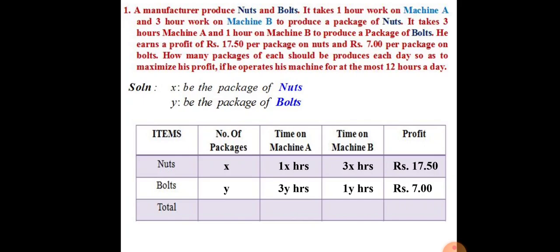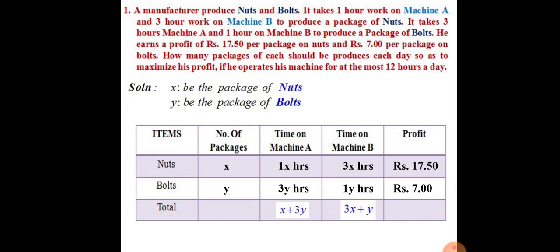Now we have to create the constraints. For a constraint we need two variables, x and y. Here x plus 3y is our first constraint, and 3x plus y is our second constraint.